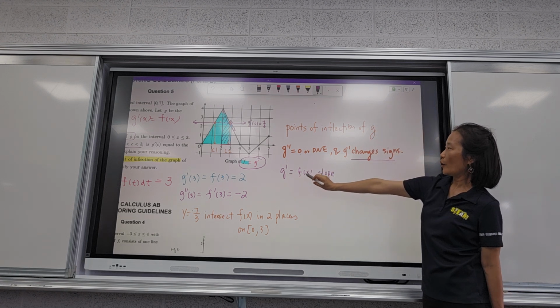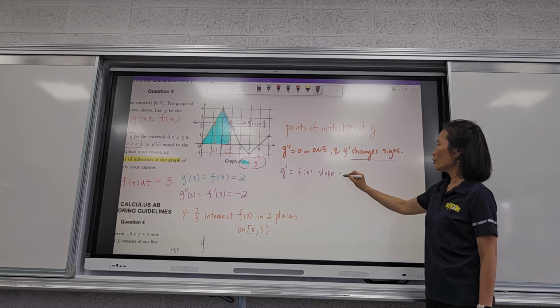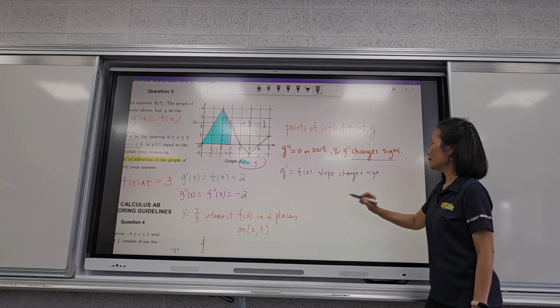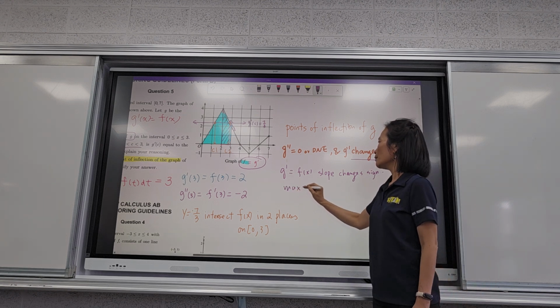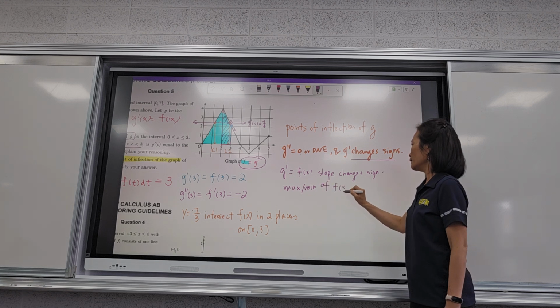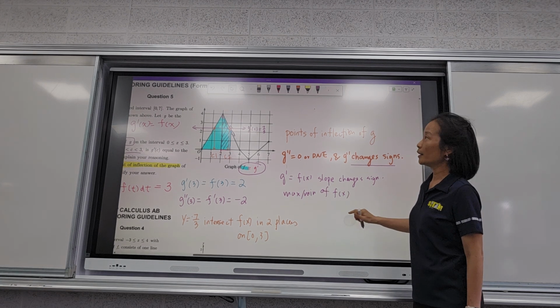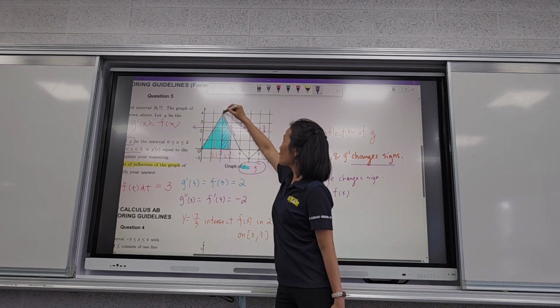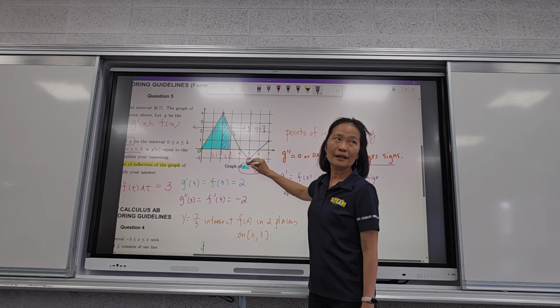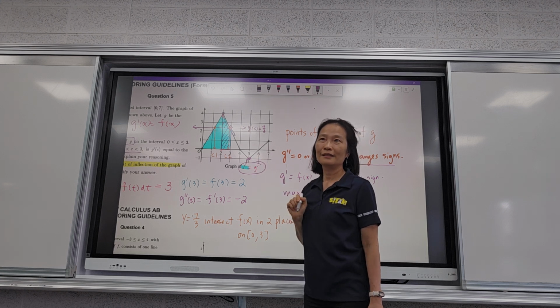When you have the graph of f, the slope changes sign. That is the maximum or minimum point of f. Okay, where is the maximum or minimum point? x equals 2, x equals 5. Are we good?